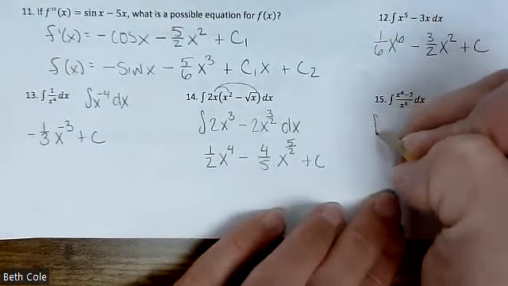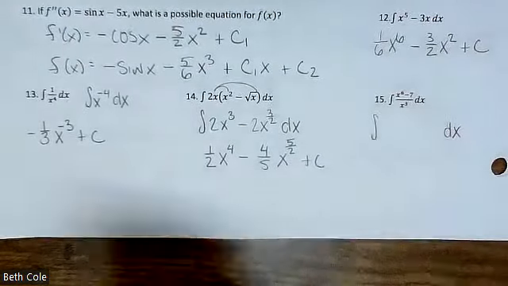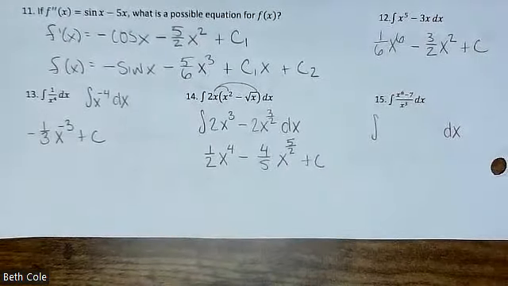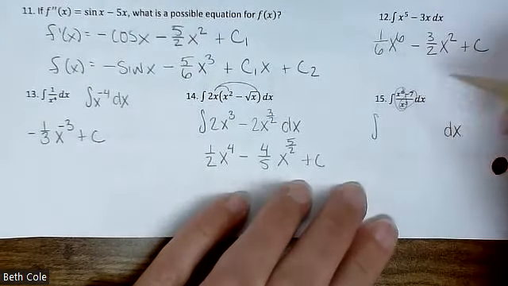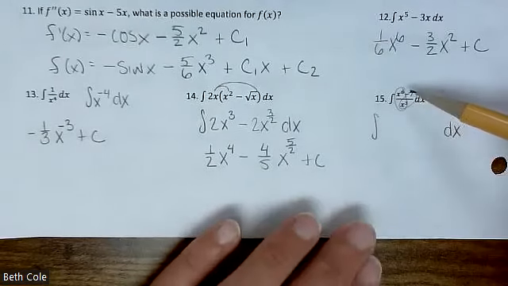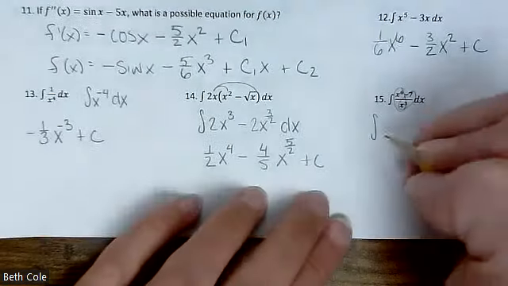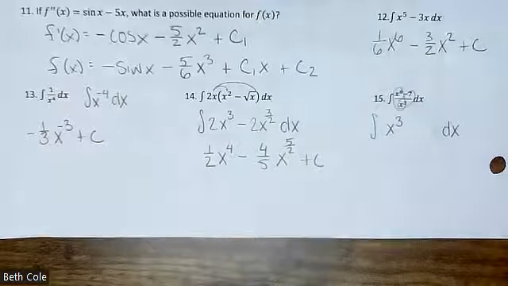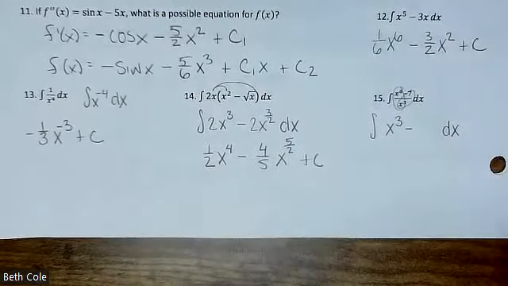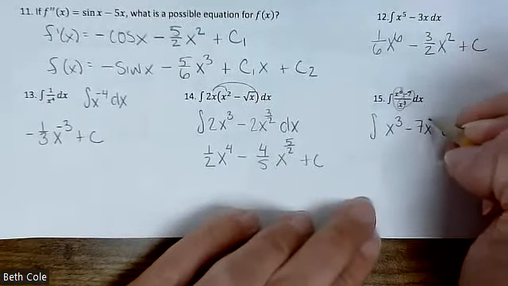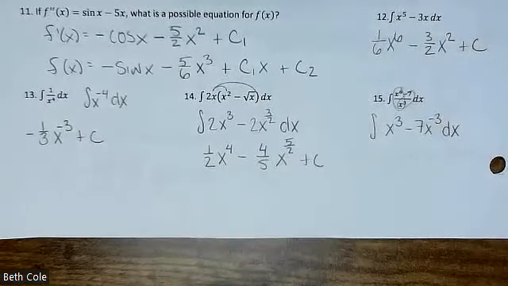Again, I'm going to need to rewrite this one first before I do the problem. So I'm going to keep the integral and keep the dx. You're going to divide both of these by that x to the 3rd. So x to the 6th divided by x to the 3rd would just be x to the 3rd. And then we would put minus what? Yeah, good, perfect. Then we're going to do the problem.